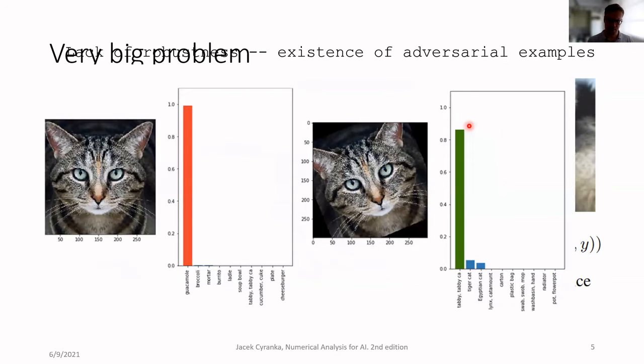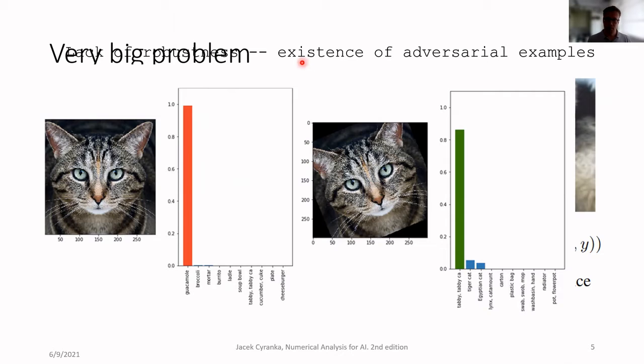And there are many examples. Again, this in particular is crazy because this example on the left is already adversarial. So the neural network is fooled to think that this cat is in fact guacamole.